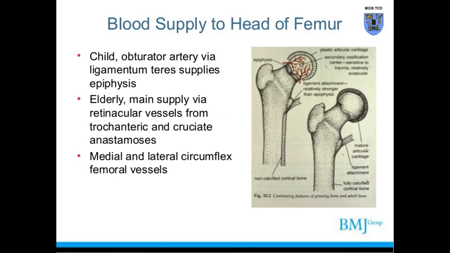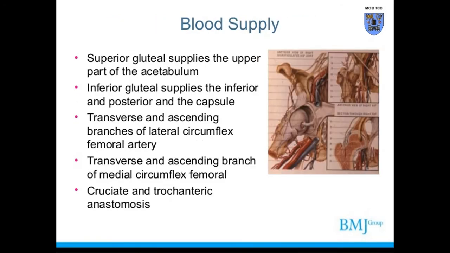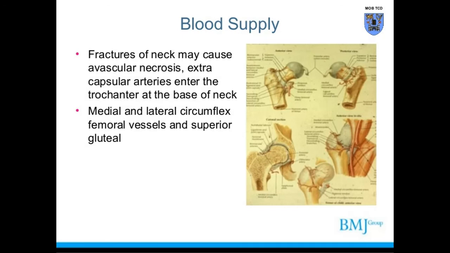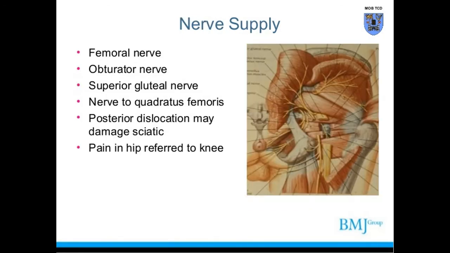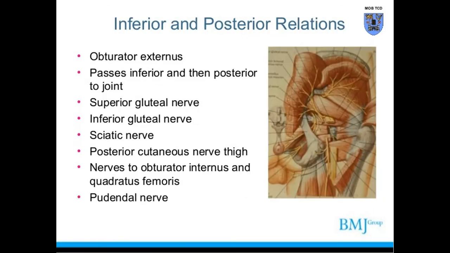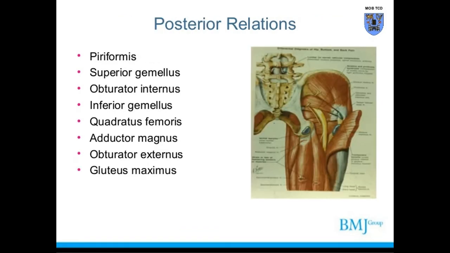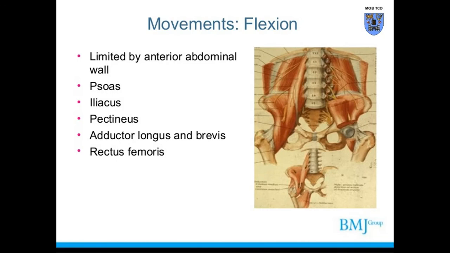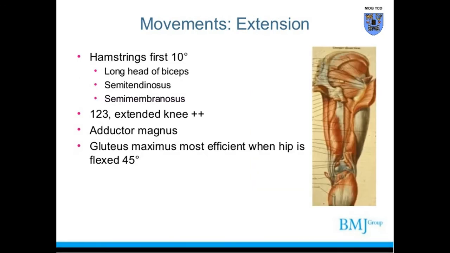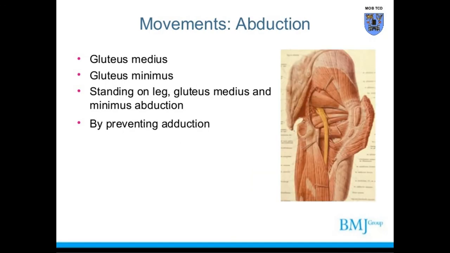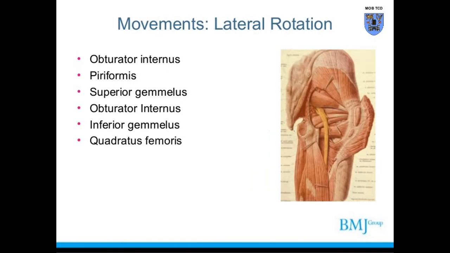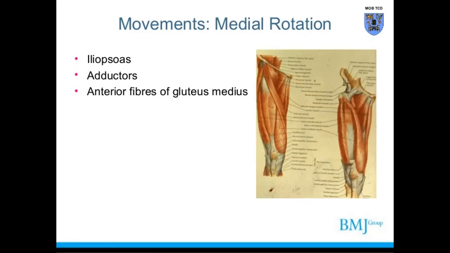Then the blood supply from the obturator artery, in childhood the foveal artery, the retinacular vessels, superior gluteal artery, inferior gluteal artery, and the cruciate and trochanteric anastomosis, fracture of the neck of the femur, avascular necrosis, and the nerves supplying the hip joint. Then the anterior relations, inferior and posterior relations, lateral relations, and movements: flexion, extension, adduction, abduction, medial rotation, and lateral rotation of the hip joint. Thanks a lot. Allah Hafiz.